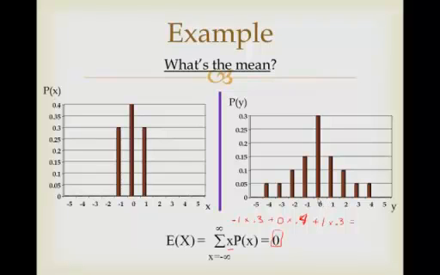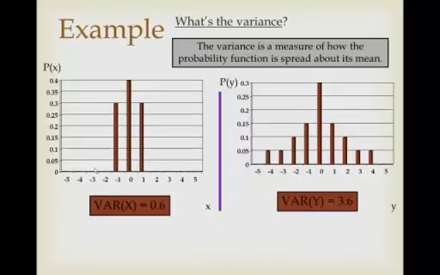So if we calculate the variance for this one, let's remember how we calculate variance using our simple formula. It's going to be E of x squared minus E squared of x.